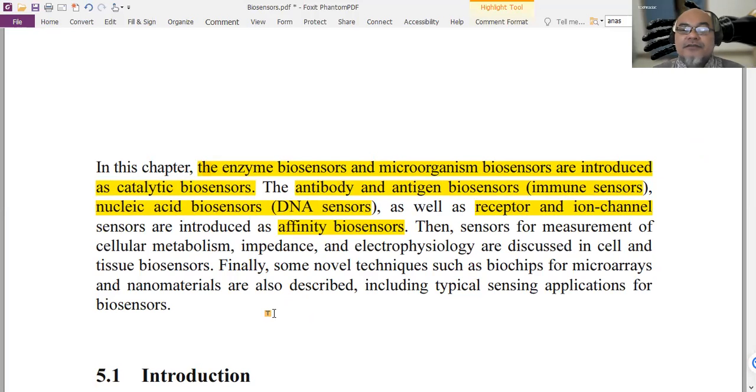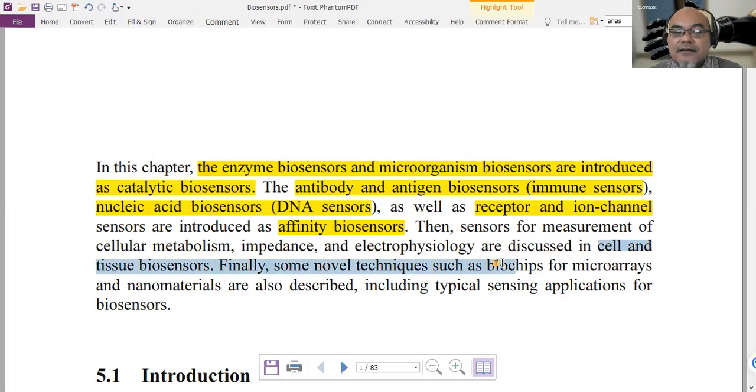Then we also have cell and tissue biosensors, which I have explained a little bit, where we measure the metabolism of cells, impedance or electrophysiology, using cells or tissue as the biological entity.